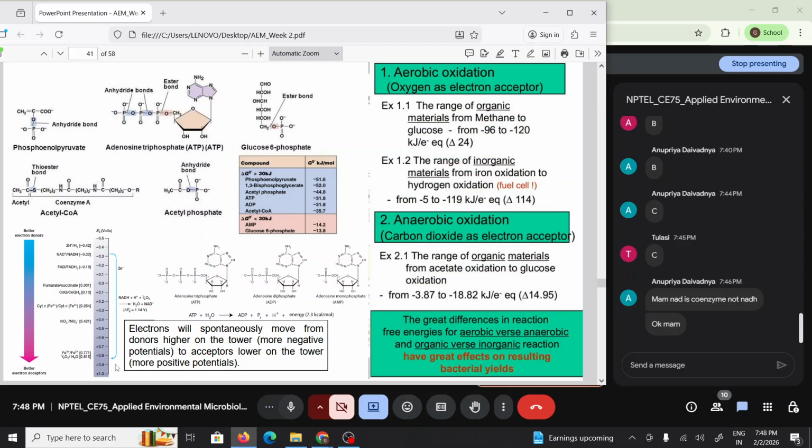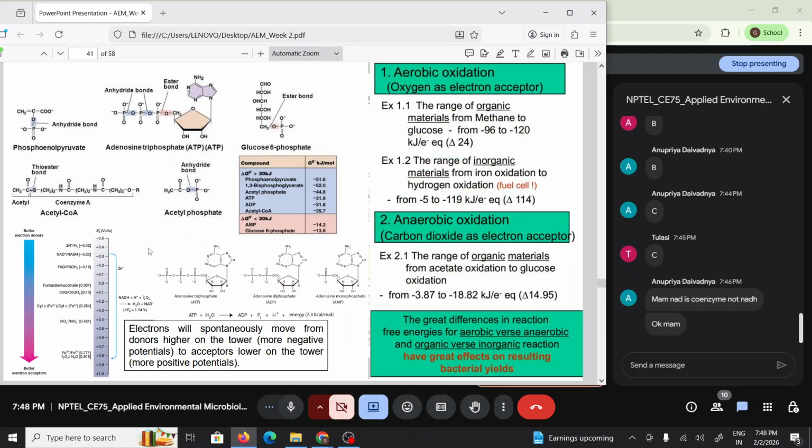So there is a spontaneous electron transfer from the top to the bottom of the tower, and depending on the distance that you can cover in this tower, you can see the energy release. So keep this concept in mind.